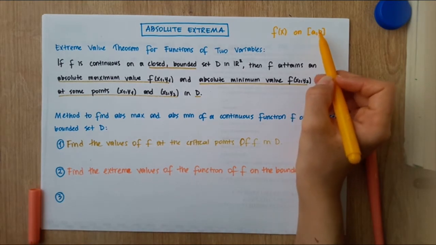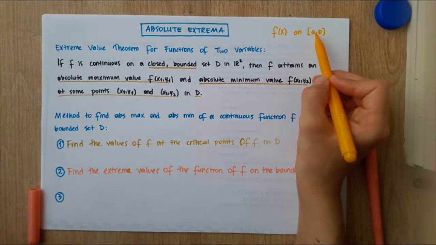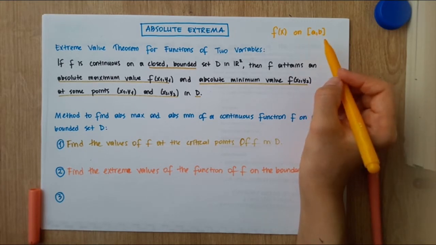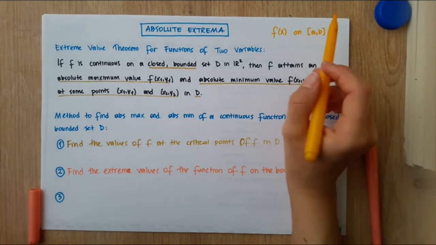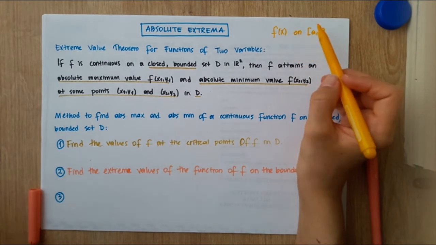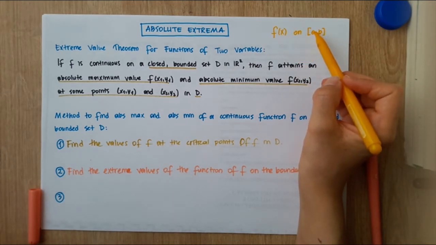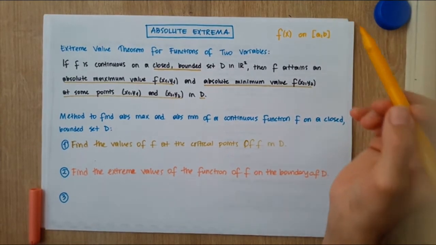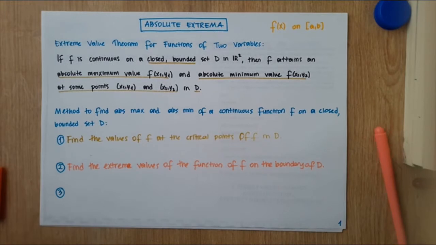To do this, first of all, we find the critical points which belong to this interval. And then we evaluate the value of the function at the critical points in this interval and at the endpoints, and then compare the results, right? To find the absolute minimum or absolute maximum in single variable, we use that method.